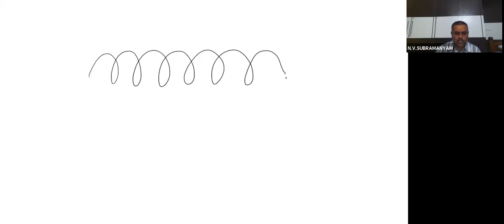So, this is a solenoid. Now, what is the assumption we made? The number of turns per unit length is n. That is the assumption we made.